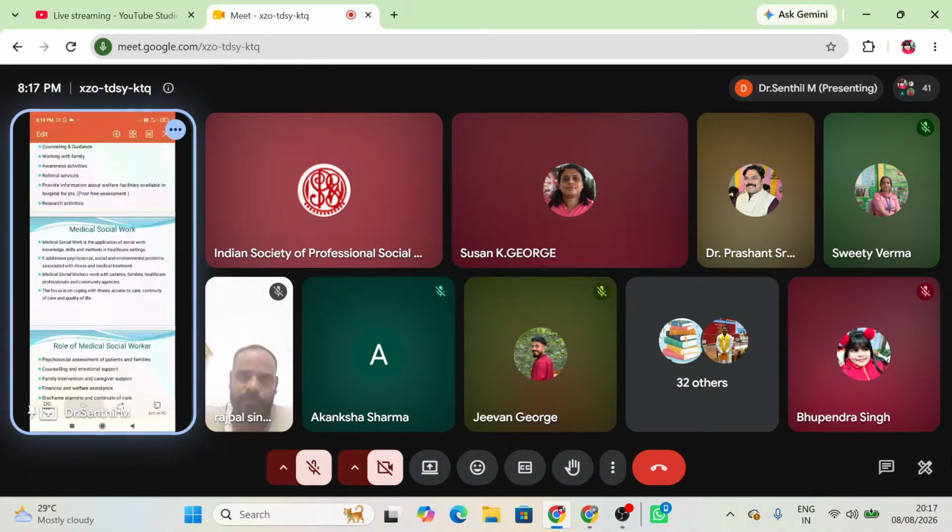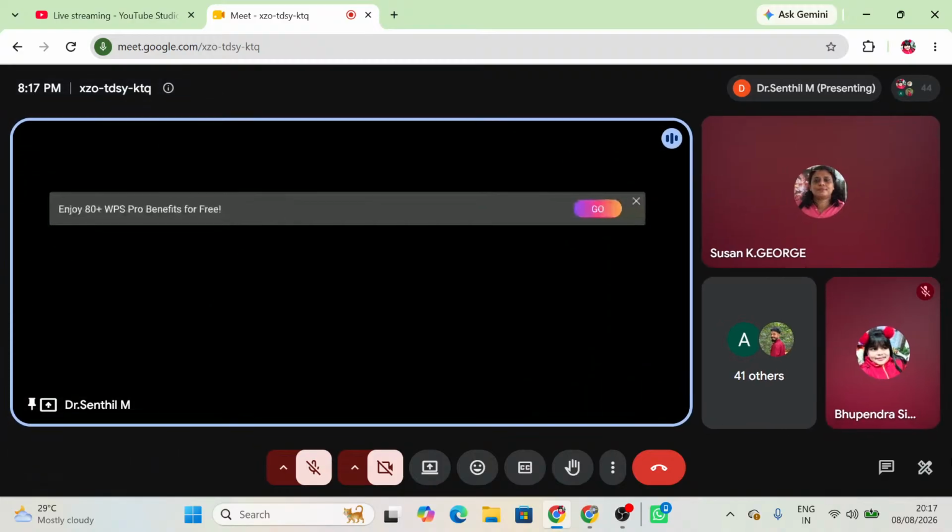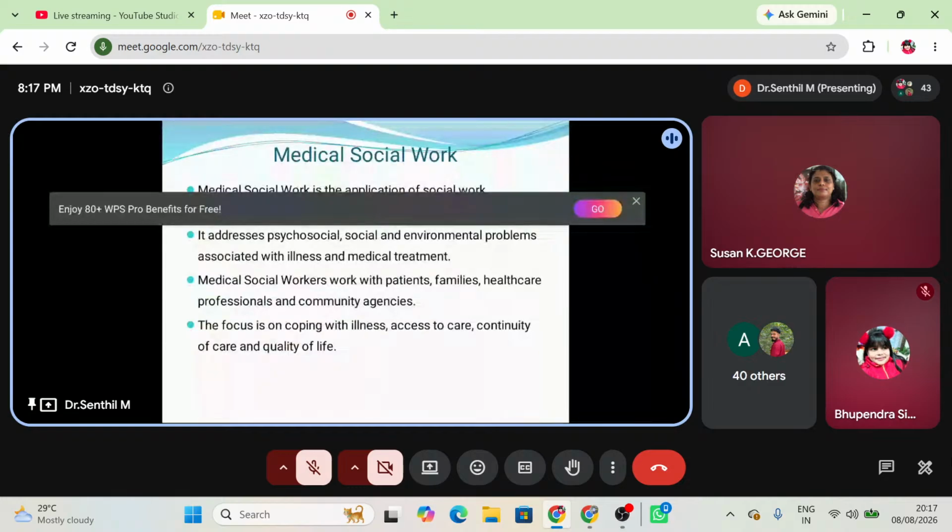Medical social work is the application of social work knowledge. Like I said in the beginning, for psychiatric social work, we apply social work knowledge and skills in the field of psychiatry, which is called psychiatric social work.